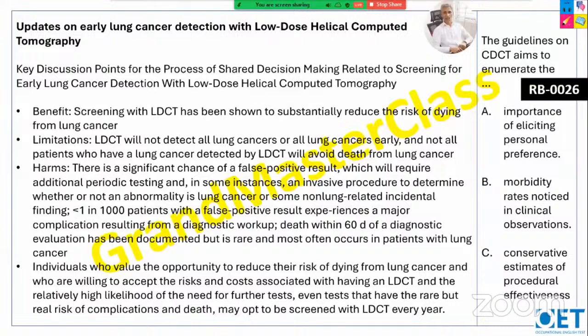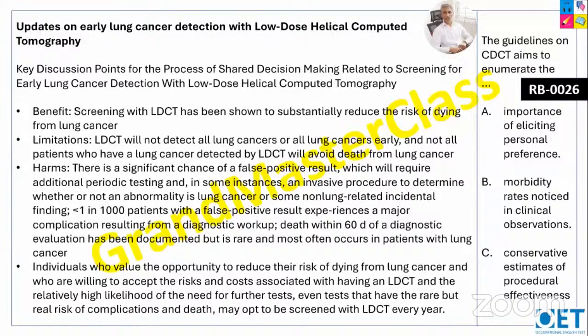So this is harm occurring to the people, and that is less than 1 in 1,000 patients. Try to understand that very clearly.